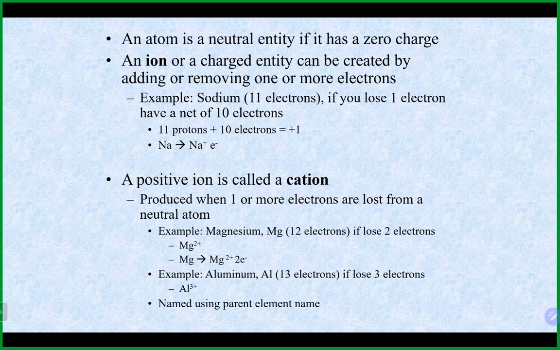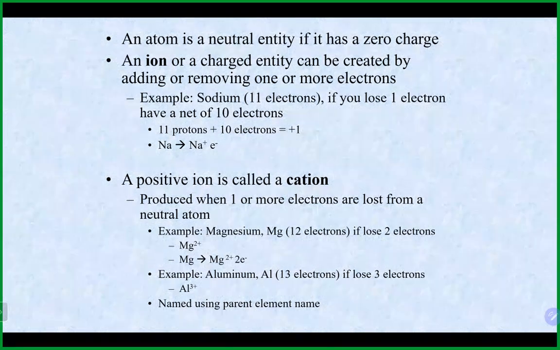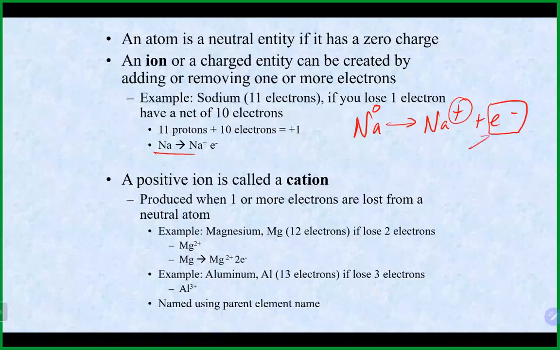You could represent a metal losing an electron with a chemical equation, like we see here, and we could write sodium that has no charge. And when it does lose an electron, it will become a +1 charge. And what we see here is our electrons on the product side of the arrow, or the right-hand side. And that is the way that we represent the element losing an electron.